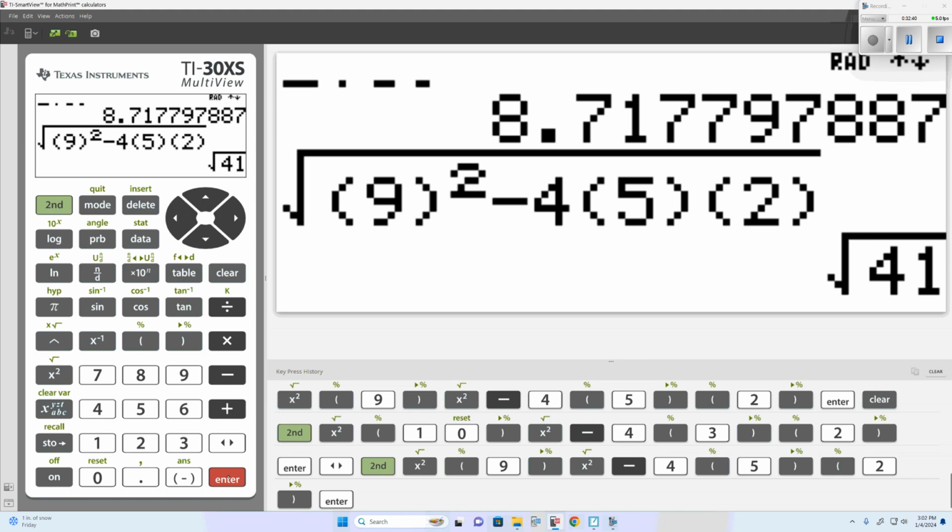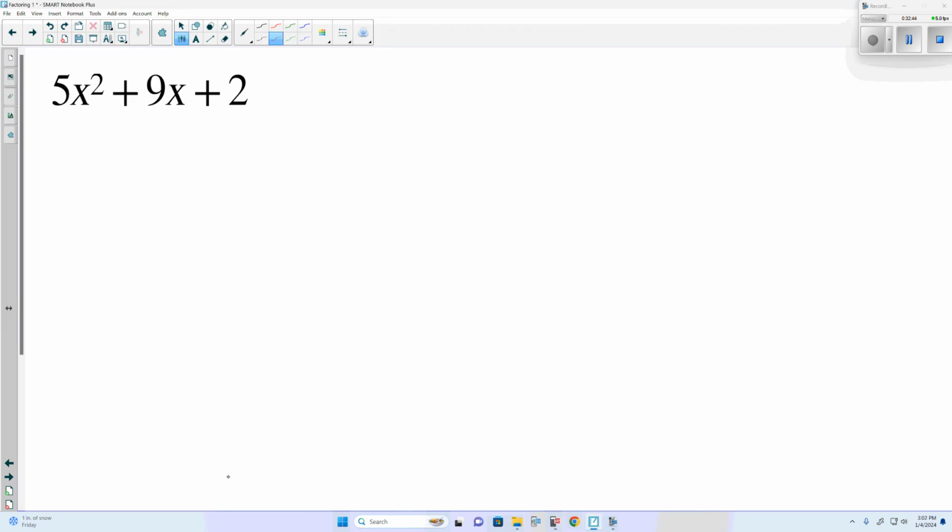And it turns out we get the square root of 41, which tells us that this one here is not factorable at all. Okay.